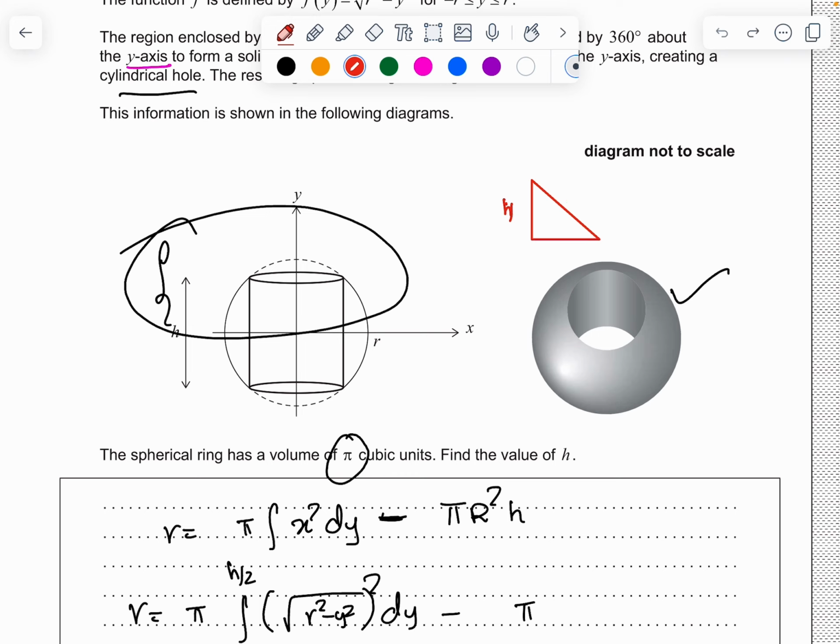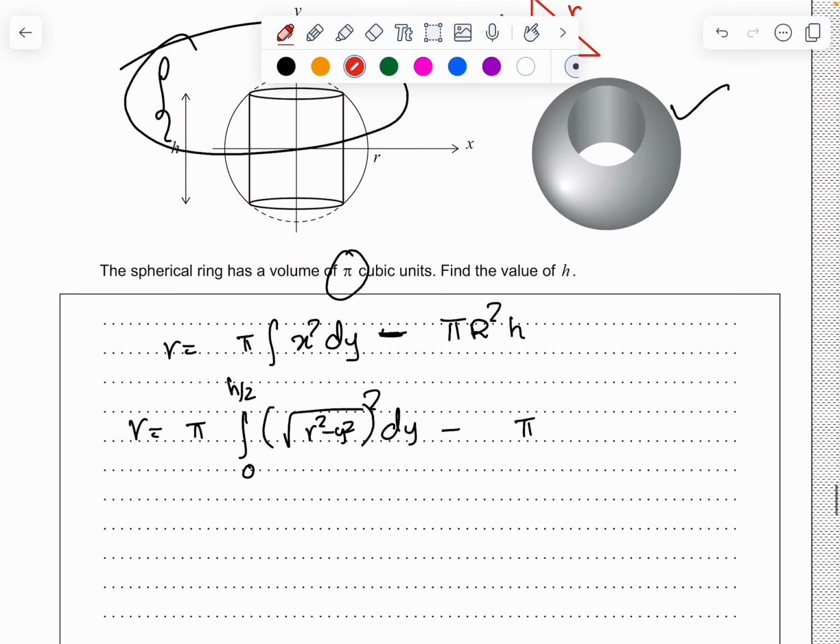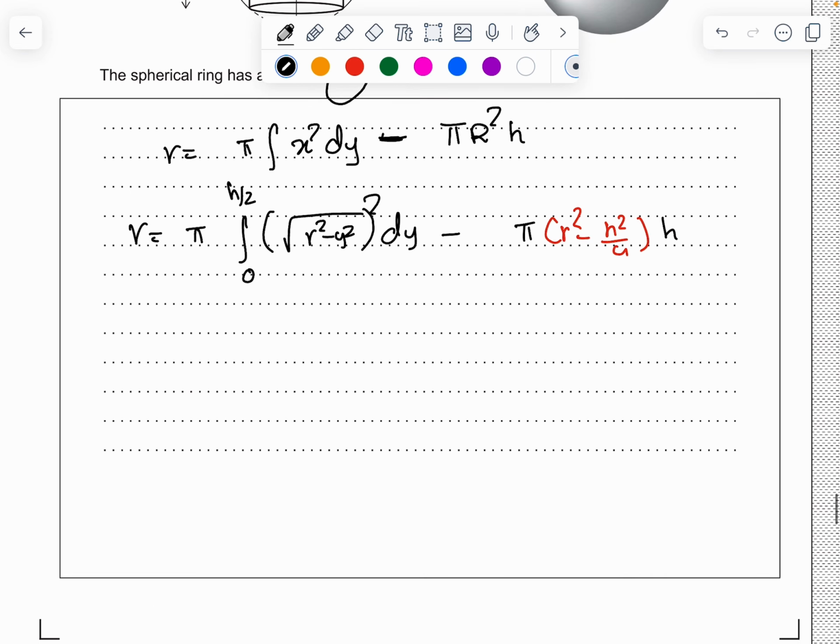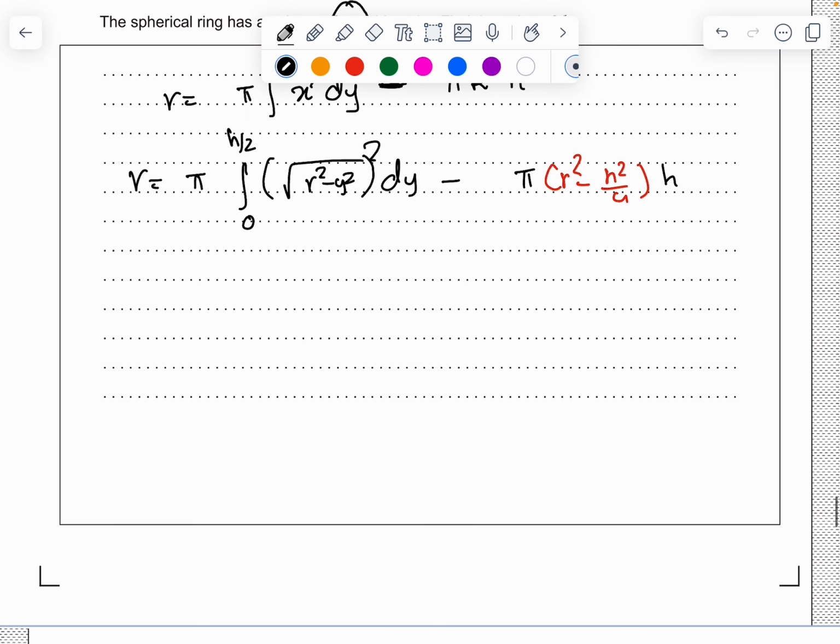Over here, we just take that height as h upon 2, the radius of the cylinder is going to be capital R and the radius of the sphere is going to be small r. So what will be capital R square? Capital R square will be equal to r square minus h square upon 4, times h. That is the volume of the cylinder we have to subtract to get the volume of the remaining shape.